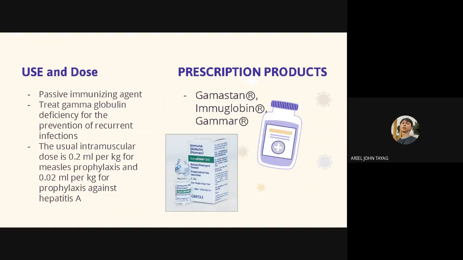The usual intramuscular dose is 0.2 ml per kilogram for measles prophylaxis and 0.02 ml per kilogram for prophylaxis against hepatitis A. And we have here the prescription products: Gamastan, Immunoglobin, and the Gamar.